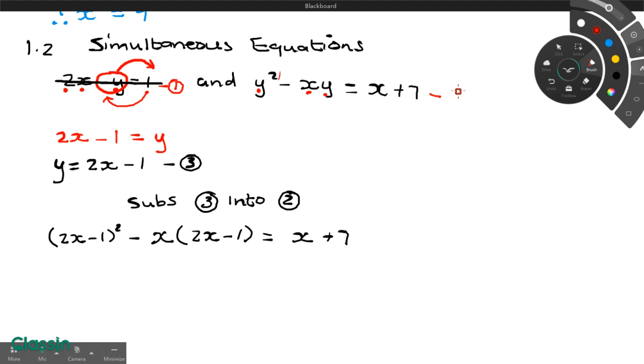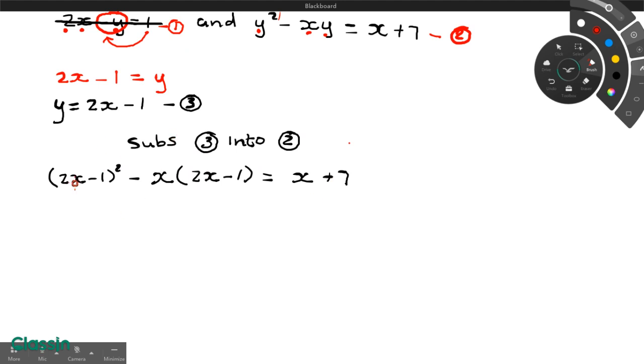Equation 2, remember. Now, because we have this, it means that we are going to solve the brackets. I want to teach you how to work out this: 2x minus 1. We first start here, we go there. We come again, start here, we go there.